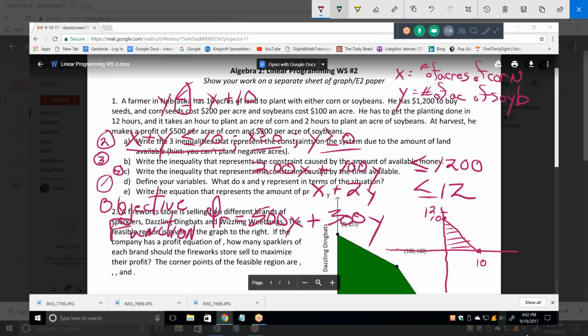All right. I'm going to pick a different color. And we're going to do the next one. Now, since we have to know which side to shade, the better way to graph this is to put it into y equals mx plus b. But let's simplify it first.